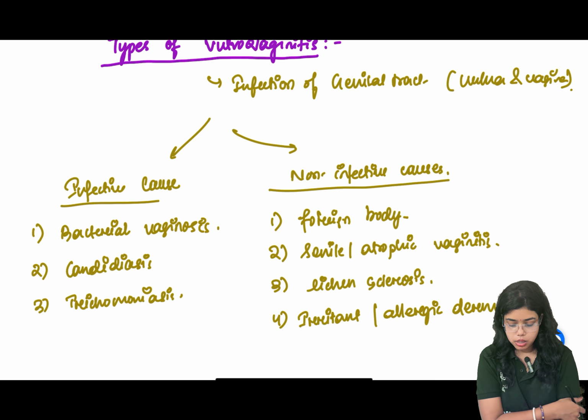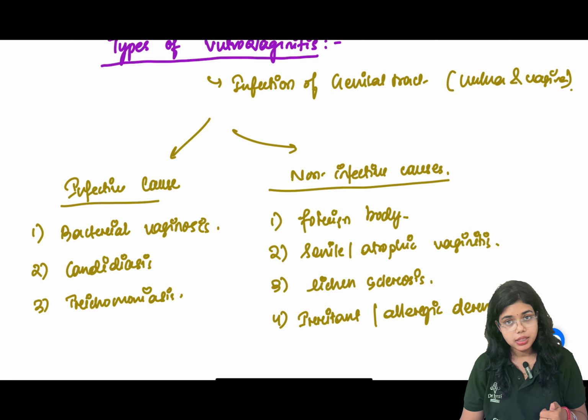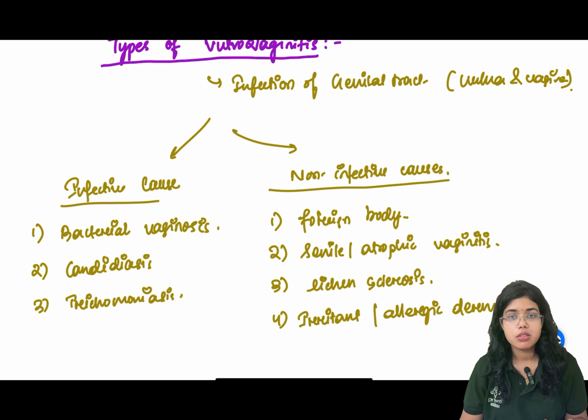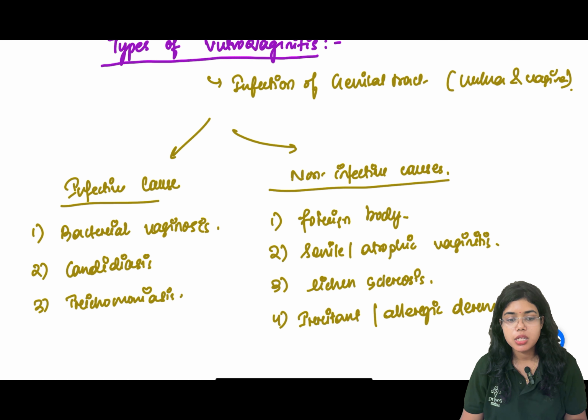Okay, and due to senile or atrophic vaginitis, what happens? Due to decrease in estrogen, as I have mentioned in genitourinary syndrome of menopause, there is atrophy of the vaginal epithelium, and there is increased chances of infection as the stratified squamous epithelium is decreased. So there is more chance of invasion by the bacteria.